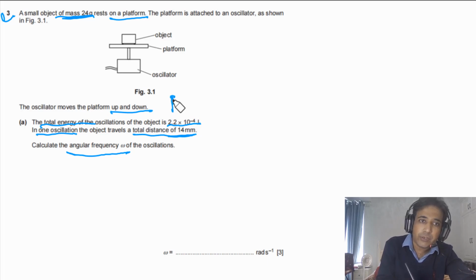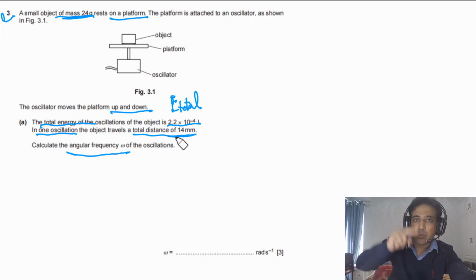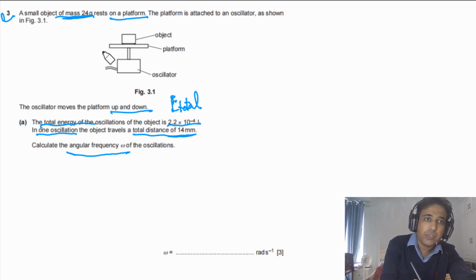So first of all, we need to understand the total energy is given. So we can say this is E total, and this is the total distance for one complete oscillation. So let's say the object started from equilibrium, it goes to the highest position, so the distance travelled is equal to 1 amplitude. Then it comes back to equilibrium, it again travels a distance equal to 1 amplitude. Then it goes down to the lowest position, so this distance is also equal to 1 amplitude.